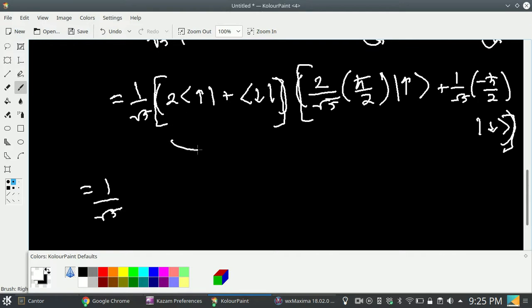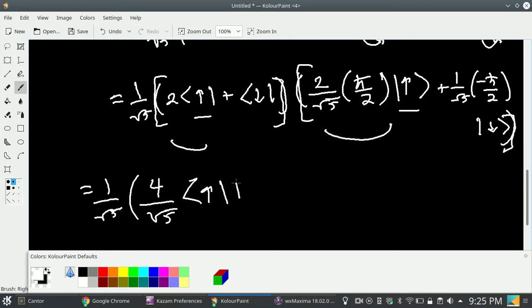So first, I have a bra times a ket, and they're the same. So that's going to be 2 times 2 root 5, that's going to be 4 over root 5, and that is the bra times the ket, which is just 1.